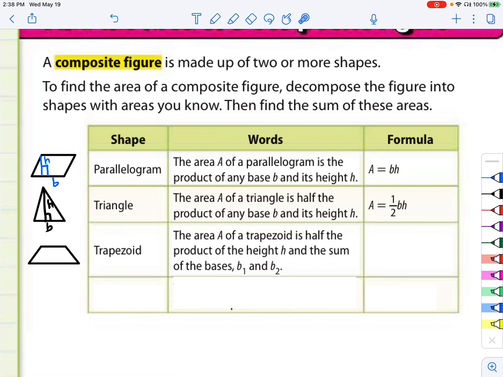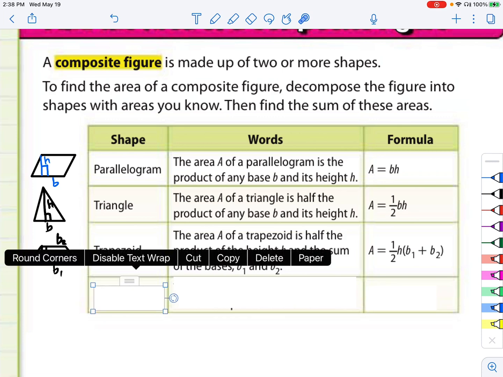If this is our trapezoid, this is our base 1, this is our base 2, and this is the height. The formula is area equals 1/2 times the height times the quantity base 1 plus base 2, or b1 plus b2.